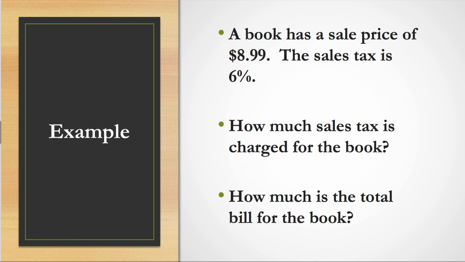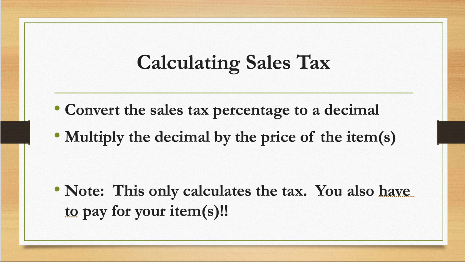Here's the decimal after the 6. We move it 2 places to the left. That's 1 place, that's 2 places. And remember that we add a 0 in here to hold that place. So our sales tax as a decimal is 0.06.